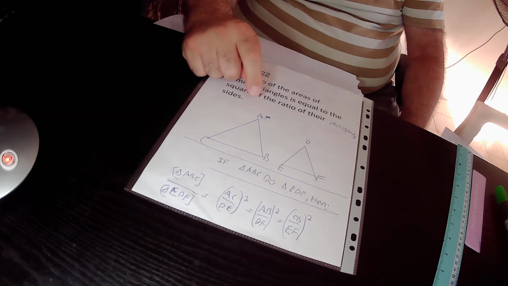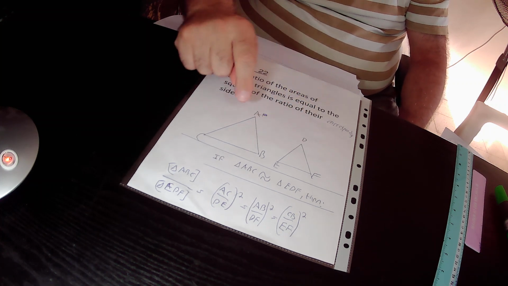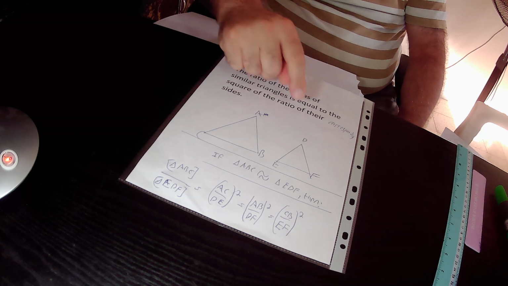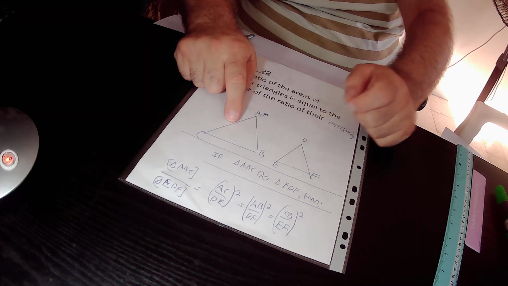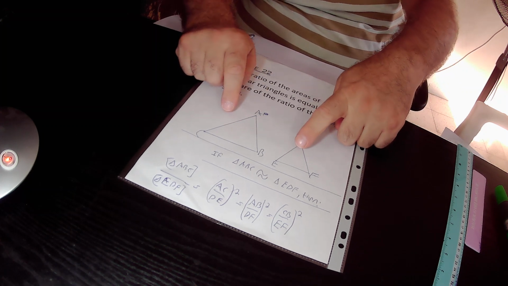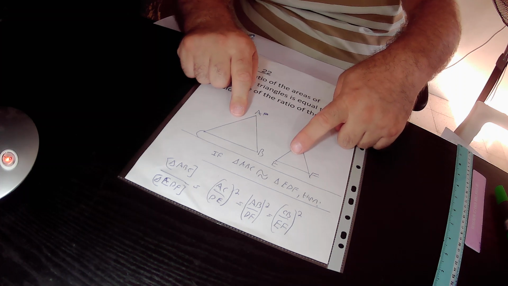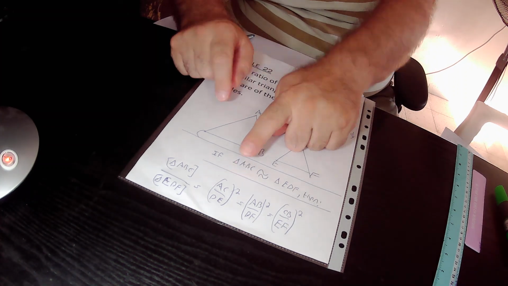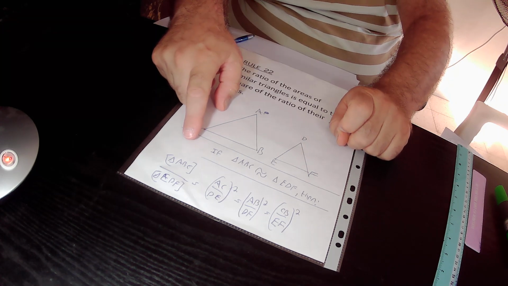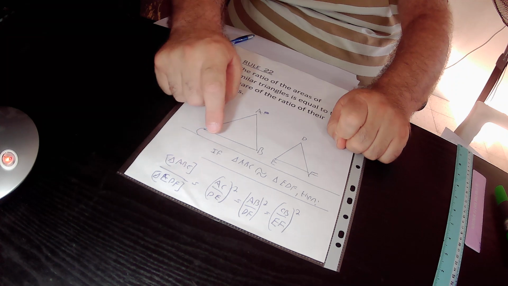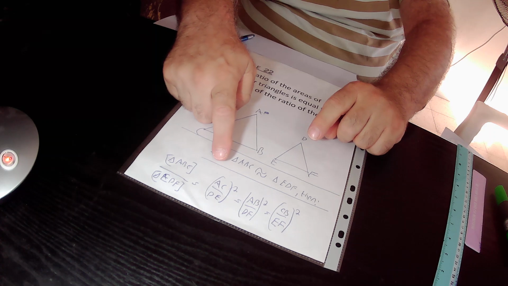So the square of the ratio of AC and DE is AC over DE squared. So the ratio between the areas of triangle ABC and triangle DEF is equal to the square of the ratio of their corresponding sides, that is to say, AC squared over DE squared.